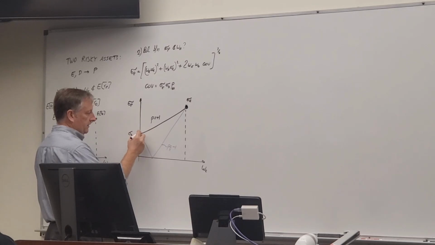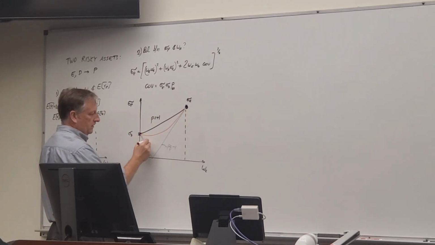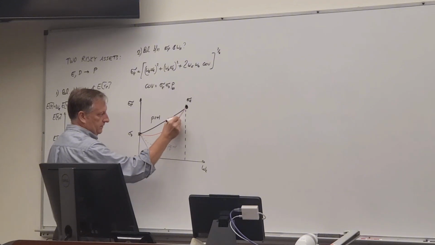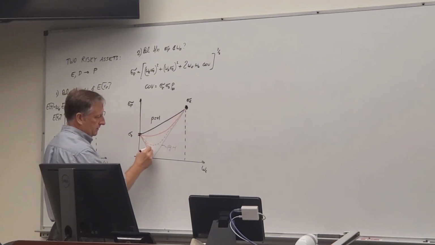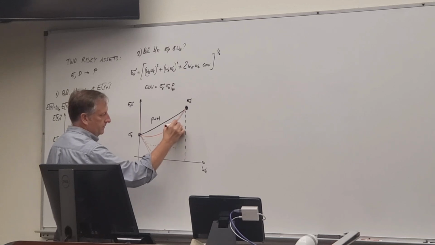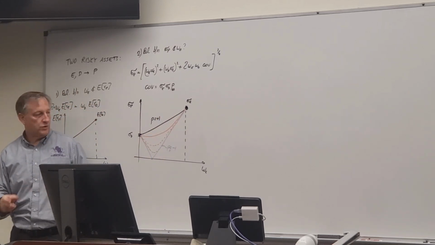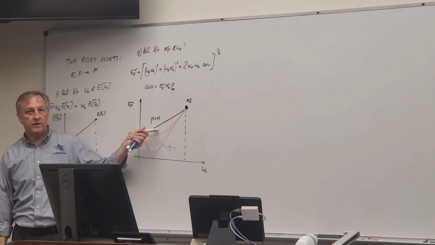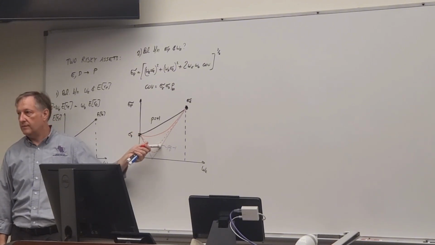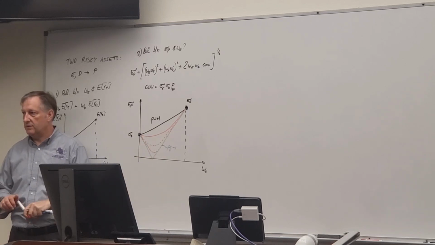So you might get something that looks like these. Or these. So which correlation is lower? The continuous red line or the dotted red line? The dotted red line. The lower the correlation, the more risk can be reduced.